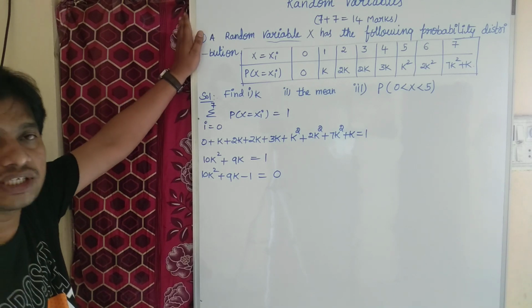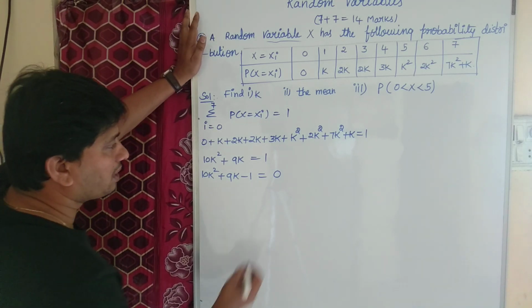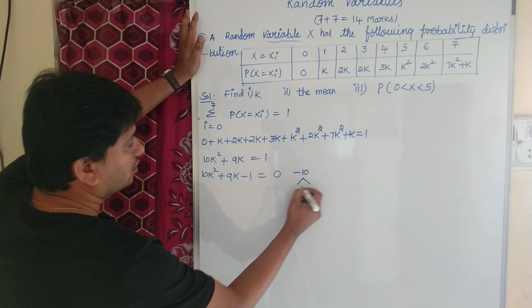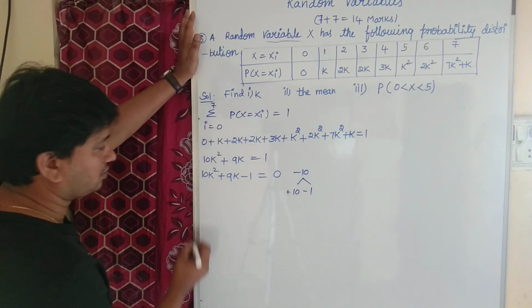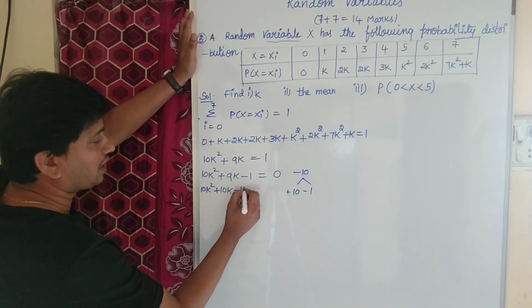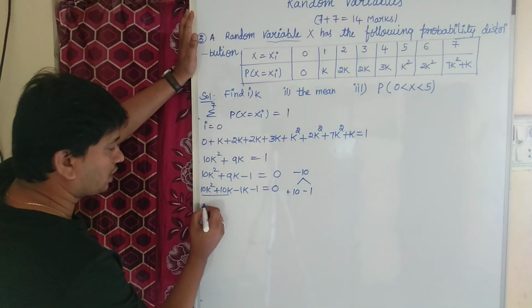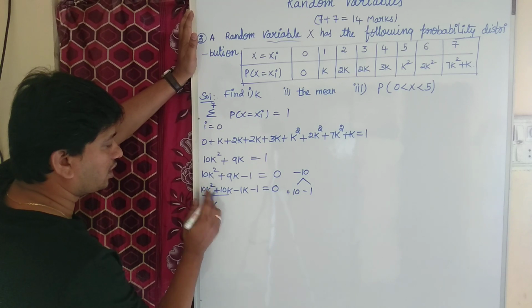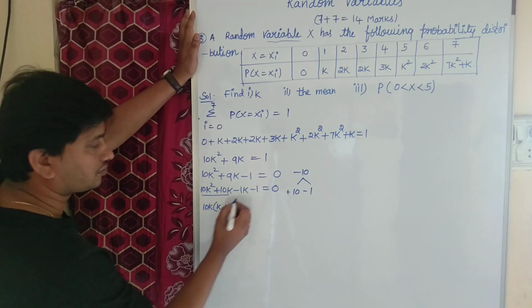So here in this case we need to find the factors. So minus 10: 10 times 1 is 10, so plus 10 minus 1. So 10k square plus 10k minus 1k minus 1 equal to 0. From these two terms I can take 10k common: k into 10k plus 1.